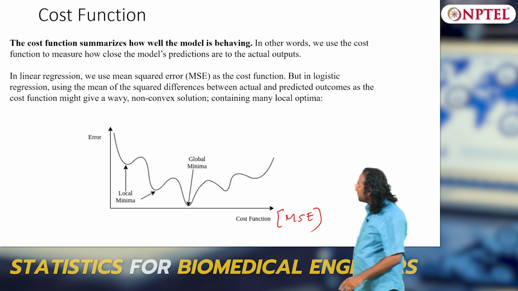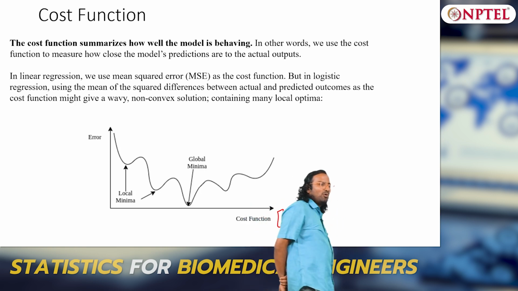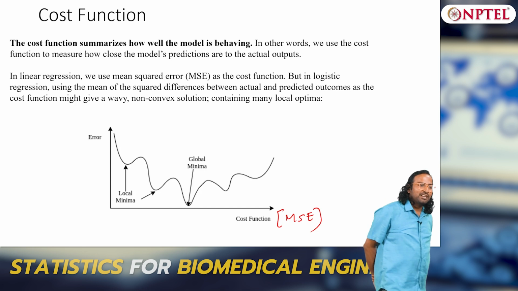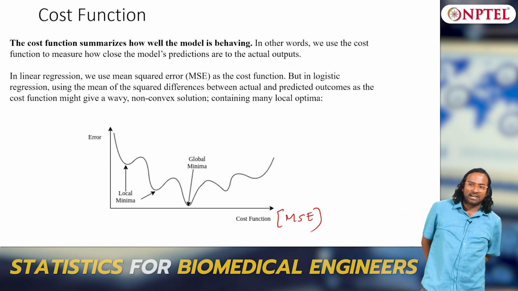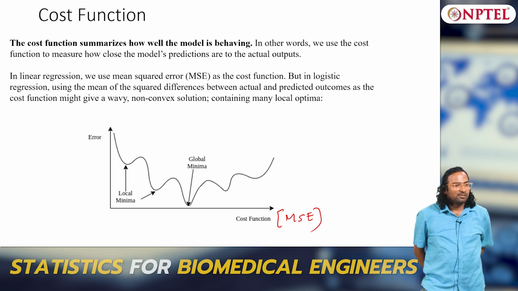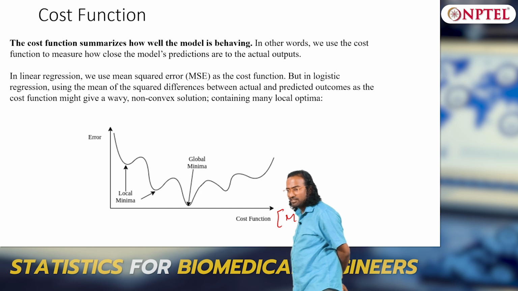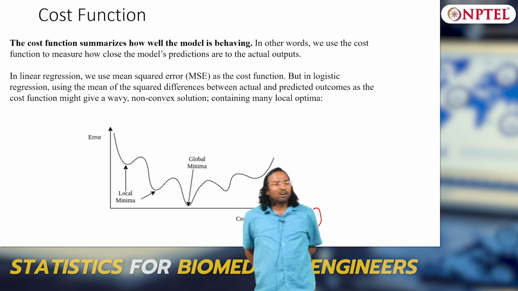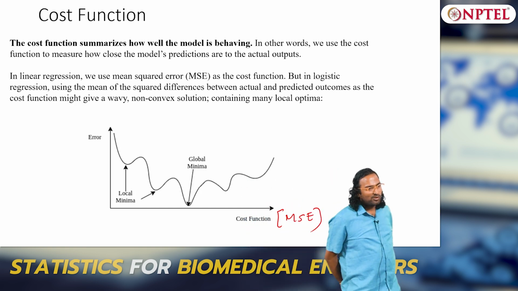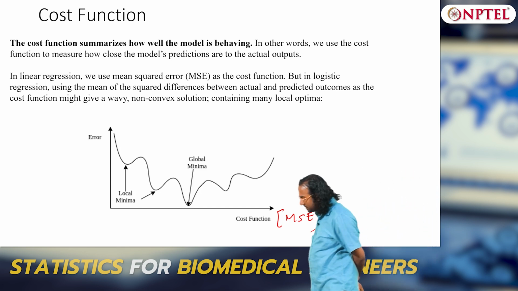So you cannot obtain a global minima easily, you will have many local minimas, because MSE is going to be just a summation of ones and zeros. Okay, you will have many local minimas along with the global minima. So you do not want this kind of function. You do not want to use mean squared error function at all.